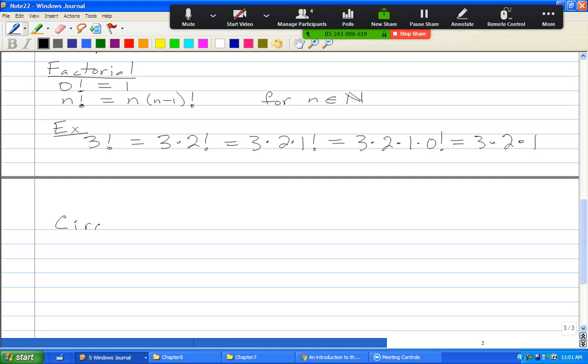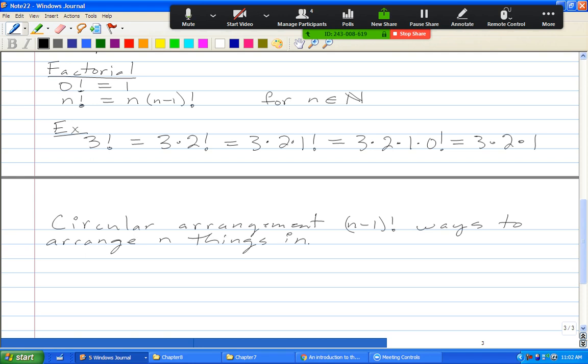In a circular arrangement, there are n minus 1 factorial ways to arrange things in a circle.